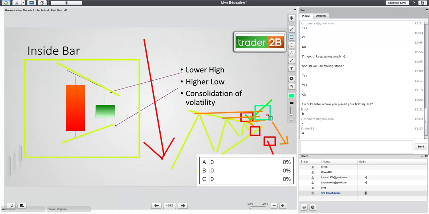If we are wrong on this breakout, our risk is minimal. But if we are right in anticipating this, we will catch this entire move all the way to the downside.